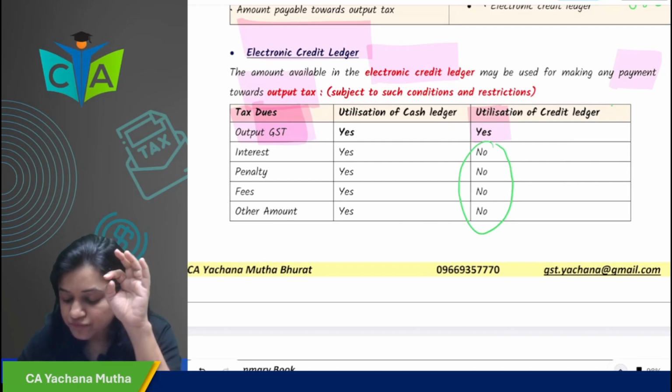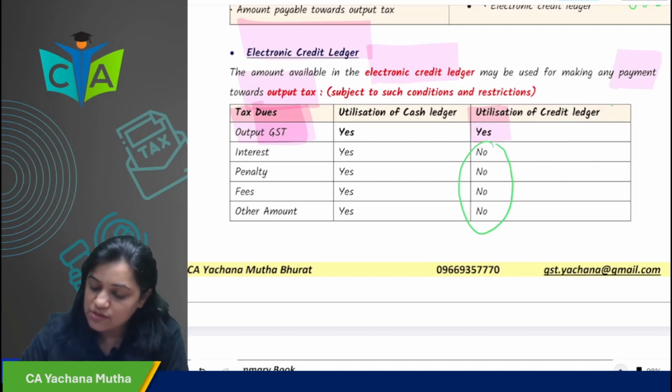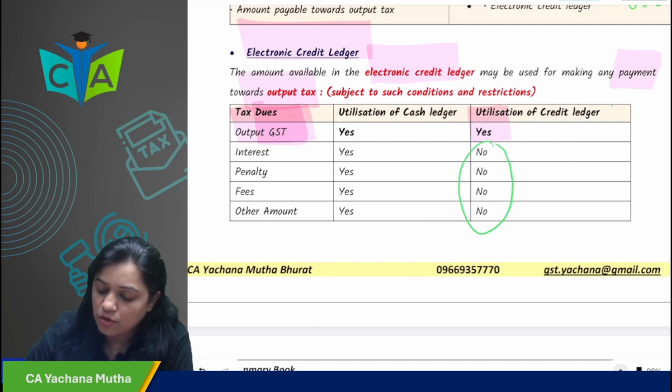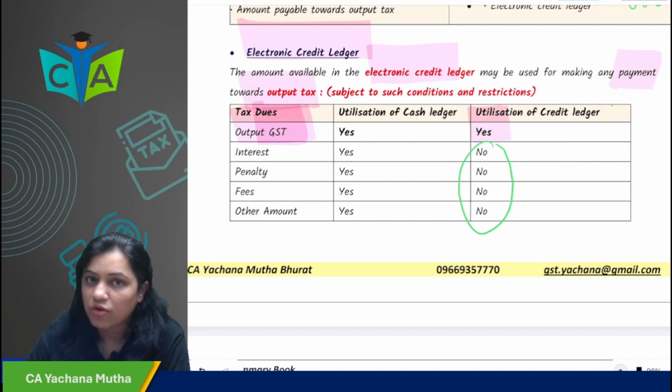Remember it very well. Now utilization of ITC, you remember we have done this. The input tax credit of IGST will be used first for IGST, then for CGST, SGST, in any order, any proportion.